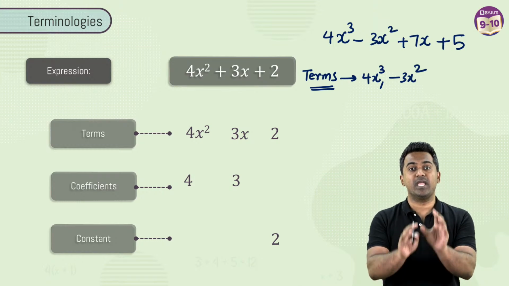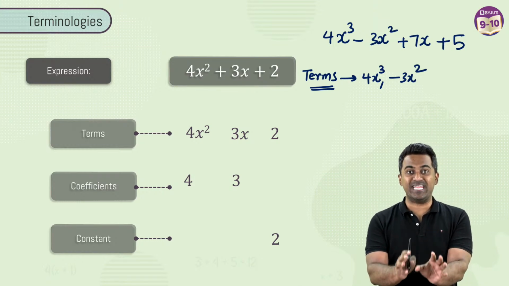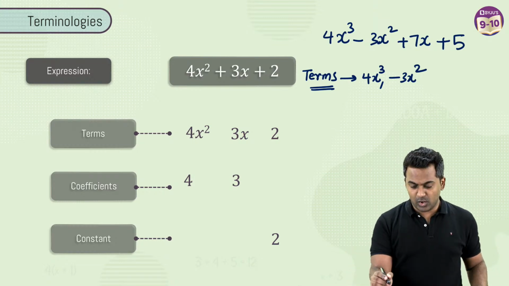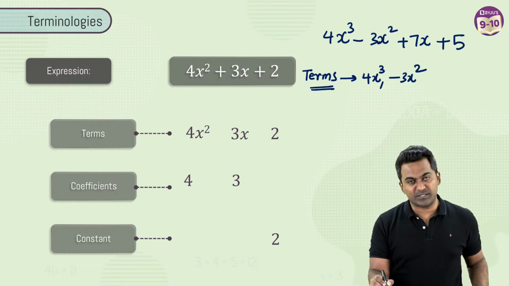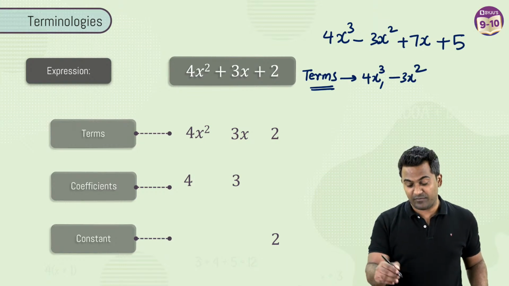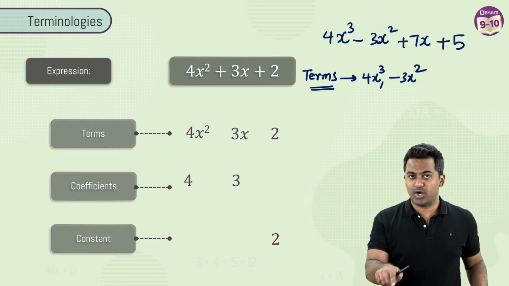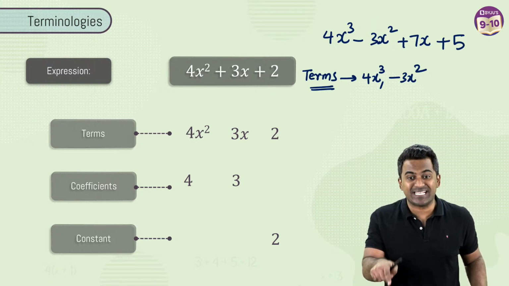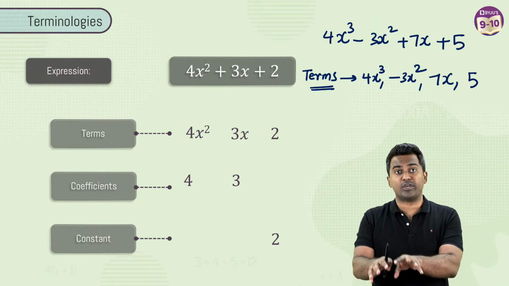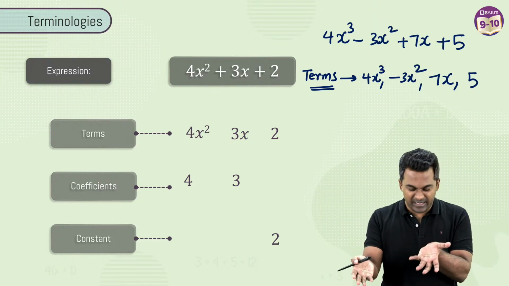Please be very careful when you're dealing with negative terms. Do not forget the sign. All right. Look, 4x cube is positive. So that's why I write it as it is. Minus 3x square. Okay. If somebody asks you what is the second term in this, don't say 3x square. The second term is minus 3x square. All right. And then the third term is going to be 7x. The fourth term is going to be 5. So there are 4 terms in this expression, the example that I've given you, of course.